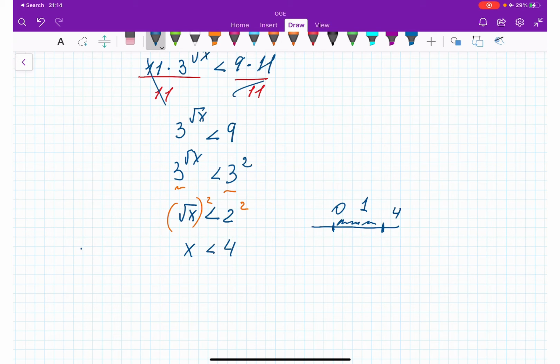Let me write down that condition also. x greater or equal to 0. 1 is greater than 0 and 1 is less than 4. Yes? So that is working. Now, this condition is satisfying x greater or equal to 0, x is less than 4, the condition is satisfying.